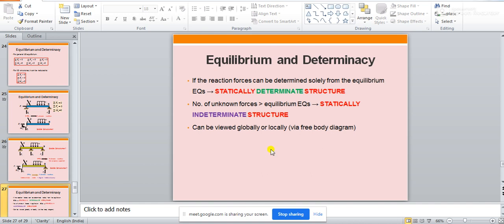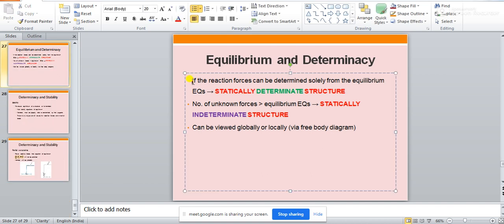Now, see what we have said. If you can determine the reaction forces, the reaction forces coming at the support or any other place of a structure, solely from the equations of equilibrium, in such a case the structure will be termed a statically determinate structure.